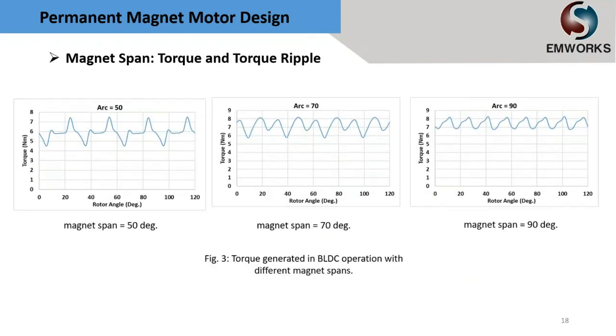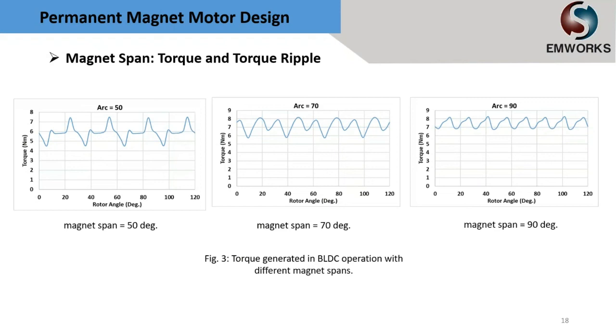Where is this going to affect? This is going to affect our performance. This RMS value is going to affect the torque. Okay, this is the torque that is generated under the BLDC performance of this permanent magnet machine.